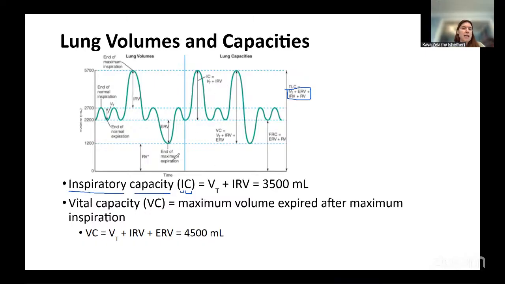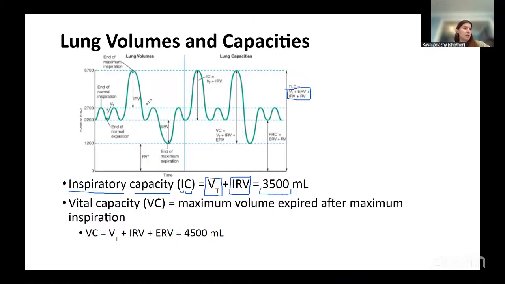To get your inspiratory capacity, we're going to have the normal easy breathing amount, that tidal volume, plus your inspiratory reserve volume, that extra you could breathe in. We just add them together. So the typical amount is 3,500 milliliters, just adding together those two volumes that we looked at on the previous slide.